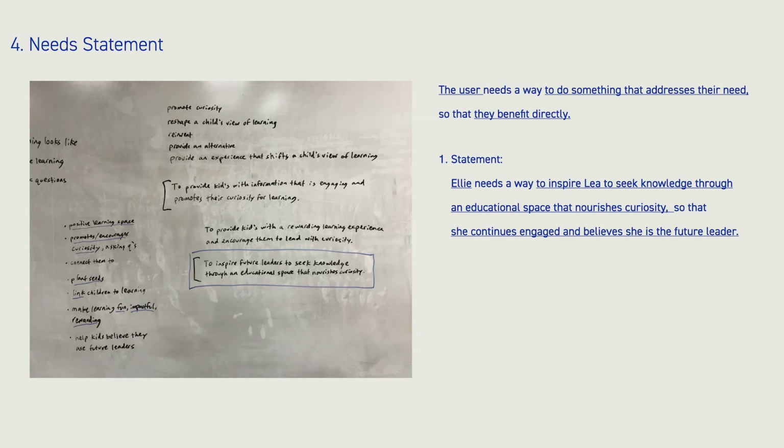And they create a needs statement. Their needs statement is: Ellie needs a way to inspire Leah to seek knowledge through an educational space that nourishes curiosity so that she continues to be engaged and believes that she is the future leader.